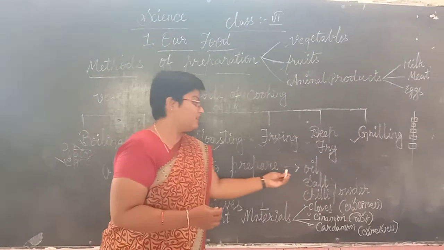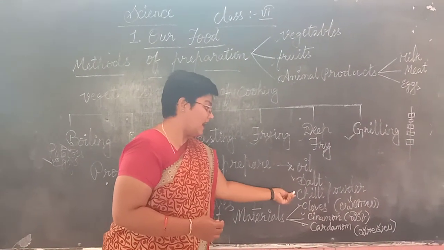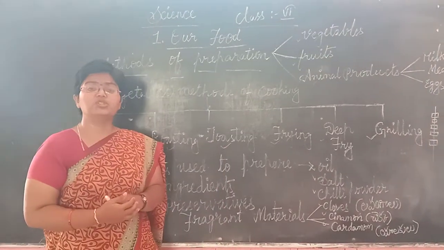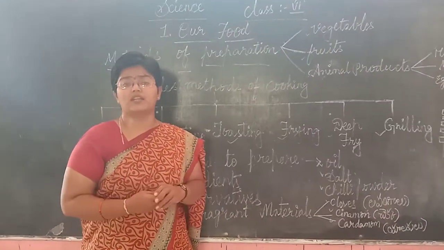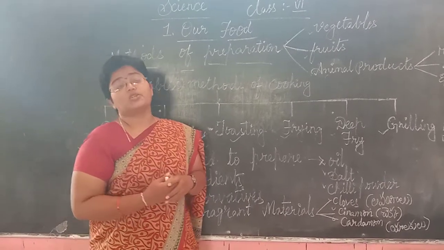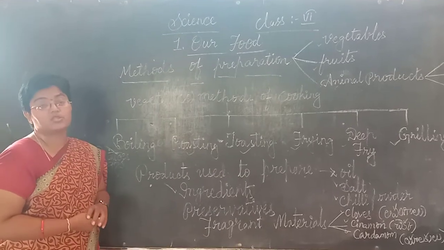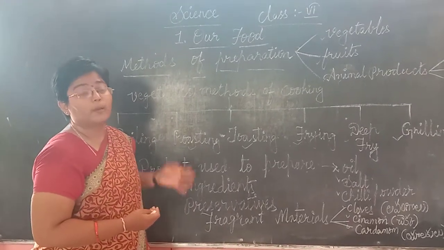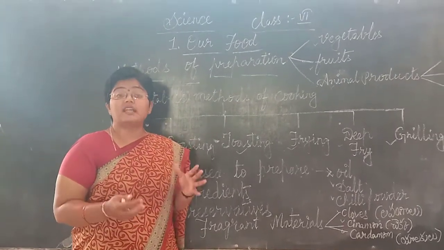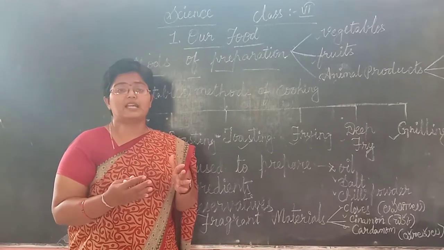We use oil, salt and chili powder in adequate quantities to make the food items stay for a long time. What are such materials said to be? Preservatives.